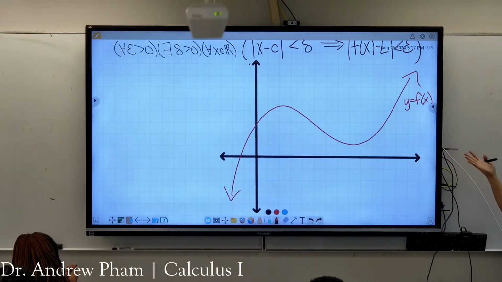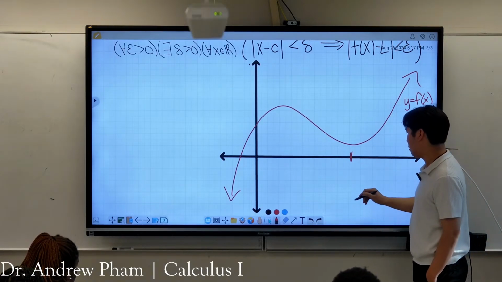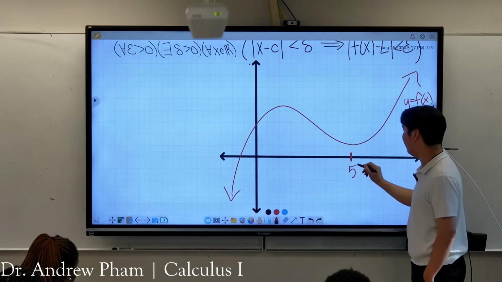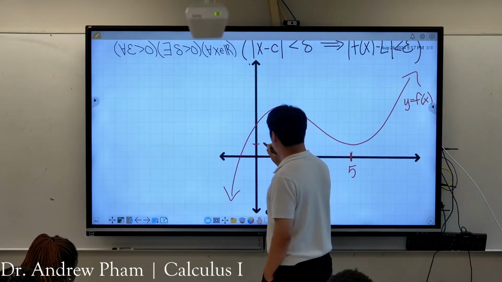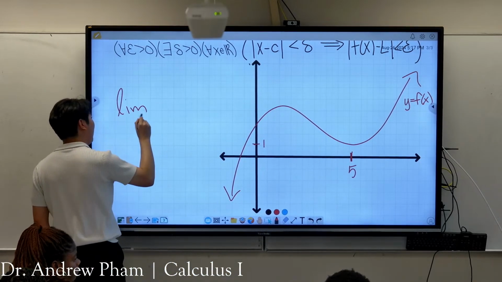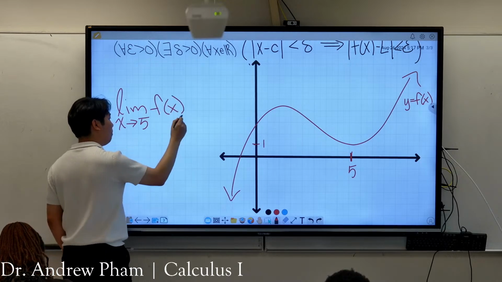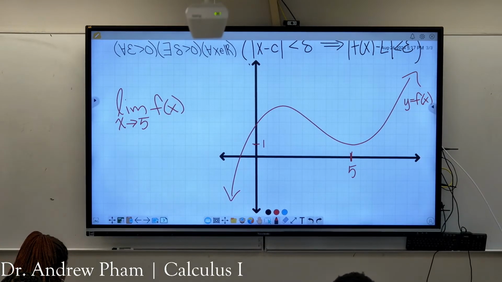All right, so here we have a function. Let's say that this right here is 5, and then this is 1 right here. What would you say the limit as x approaches 5 of the function is, based off this picture? Yeah, it would be 1.